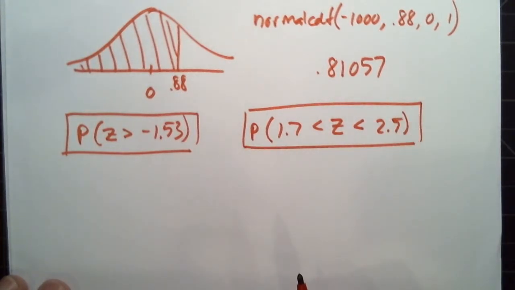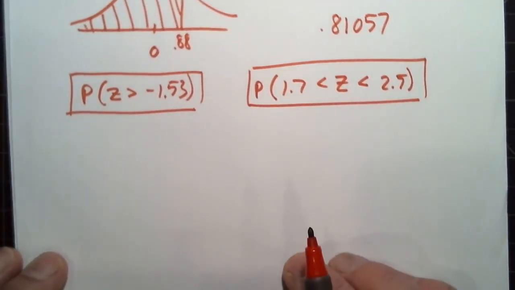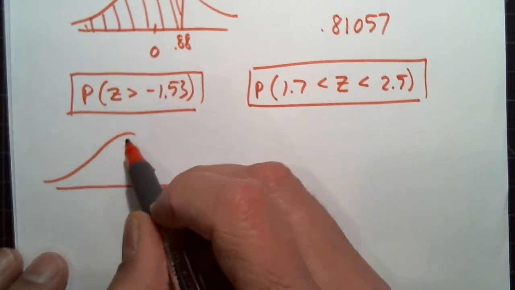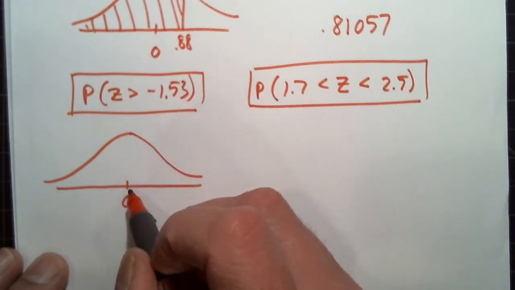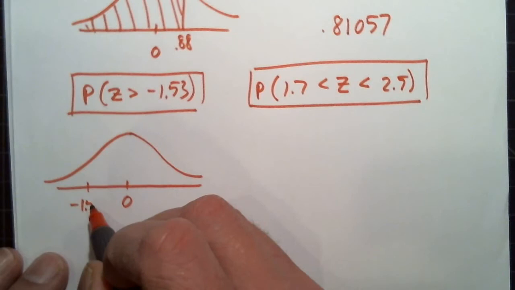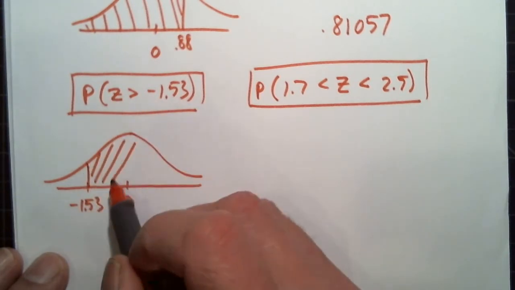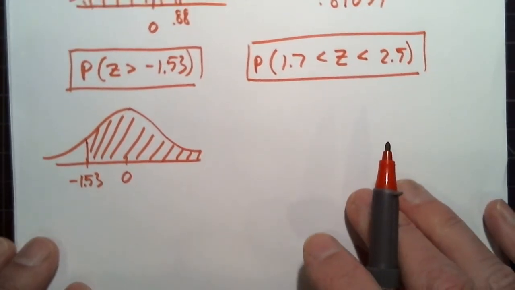And we can just finish with these two. So do these two on the calculator, and then we'll be done. Negative 1.53. Well, we know it's over there. Z is greater than that, so we want that area.